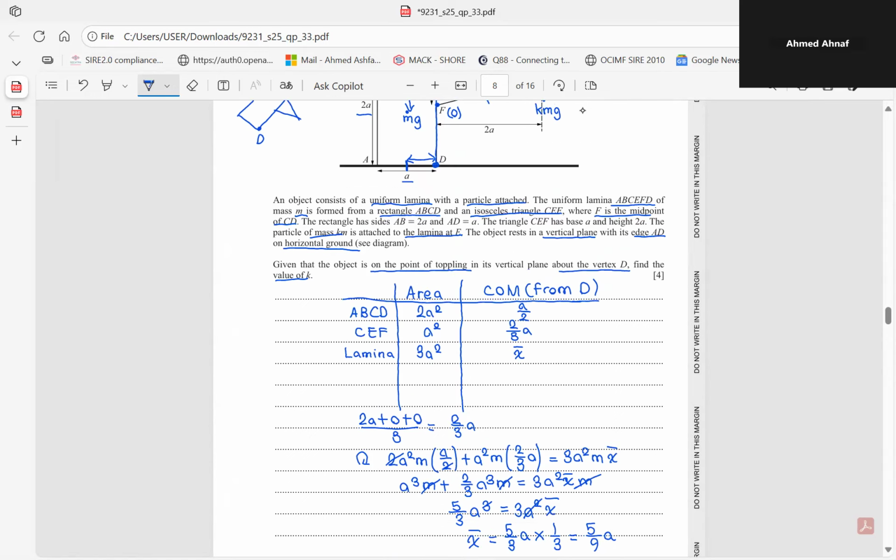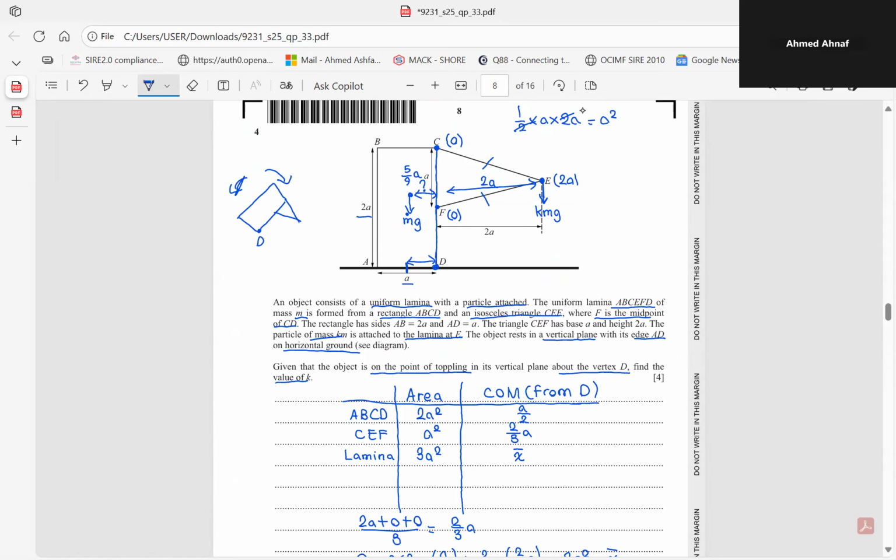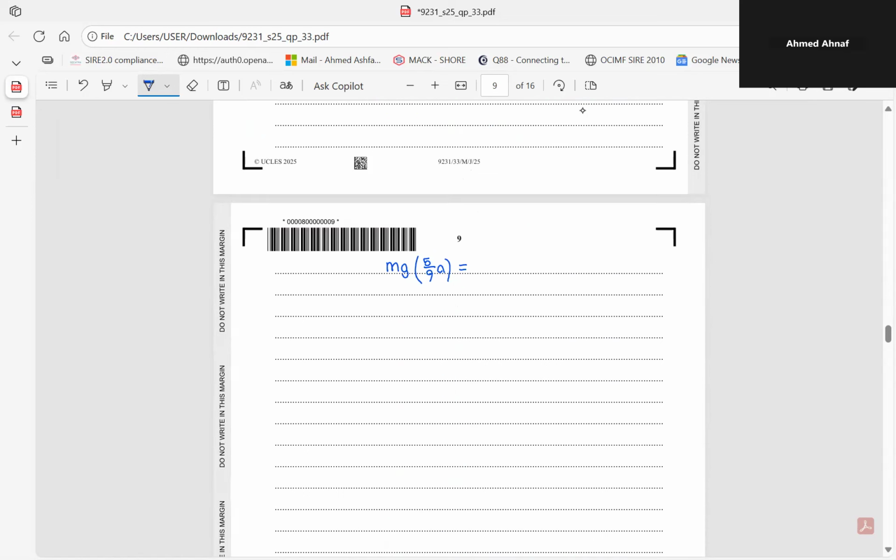That equals this moment, which is obviously going to be a clockwise moment, right? So we're going to equate it to this one. So kmg times 2a. We have mga as the common factor, so we can cancel that out. We get 2k equals 5 over 9.